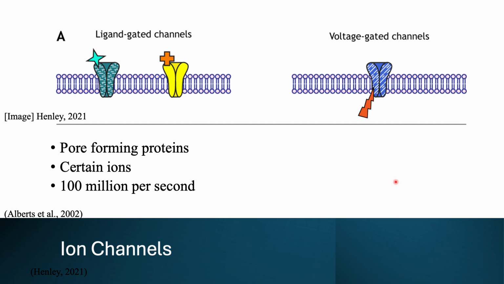Ion channel proteins transport substances only down a concentration gradient. Carrier protein transport substances can travel down as well as against the concentration gradient. Ion channels are usually divided into two categories: ligand-gated channels or voltage-gated channels.